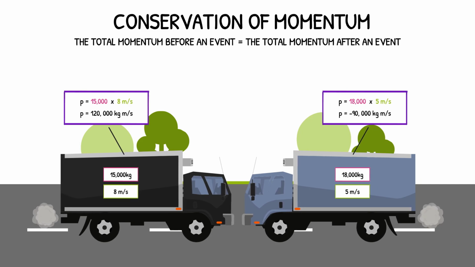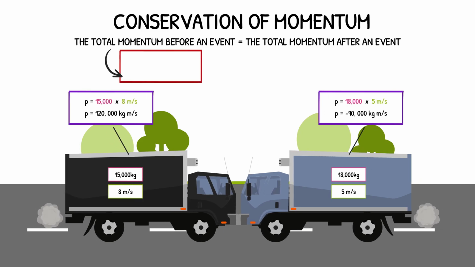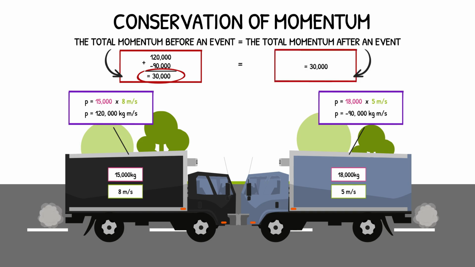The two trucks collide. The total momentum before the collision is equal to 120,000 plus minus 90,000, giving a total of 30,000 kilogram meters per second. As momentum is conserved, this means that once the two trucks collide, the momentum after the collision will also be equal to 30,000 kilogram meters per second.